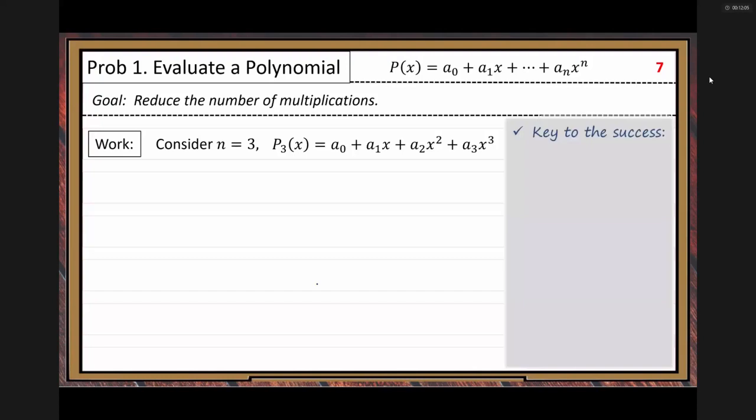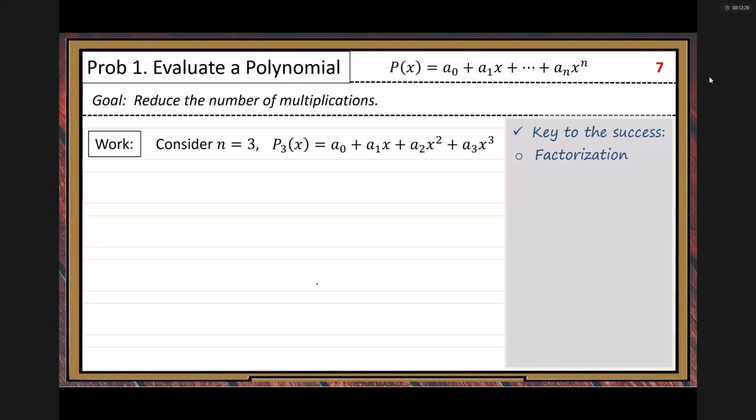Key to the success: let's recall why our method was quite successful the previous time. What's that? Factorization, because we applied this factorization technique.